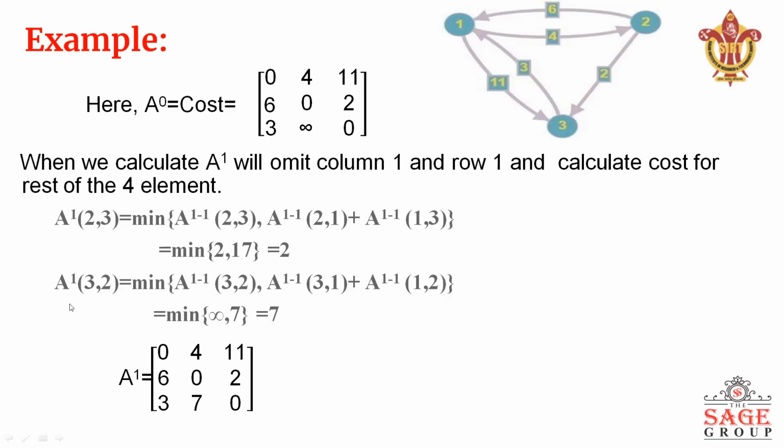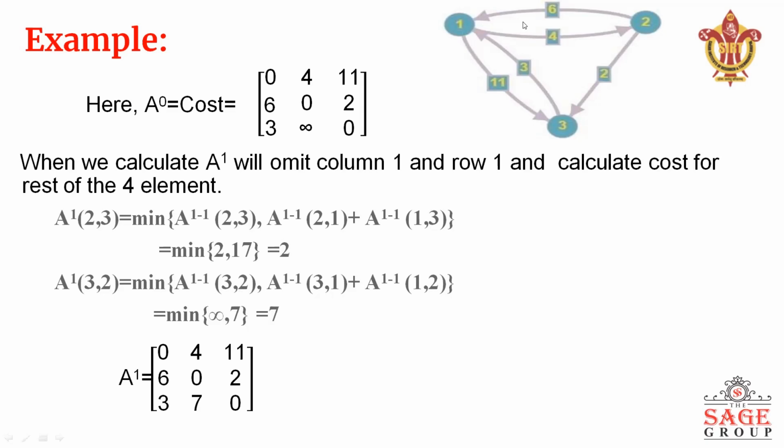We also apply the same to A3,2. In A0, if we use 1 as an intermediate vertex, because there is a path from 3 to 1 and 1 to 2, we include it: A0 3,1 plus A0 1,2. A3,2 was given as infinity because we had not found any edge.